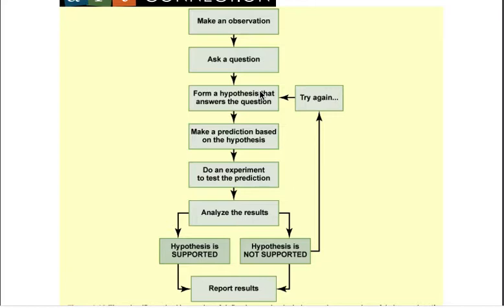A hypothesis is just an educated guess at the answer to a question that you have. So you need to never feel bad that your hypothesis is wrong, because proving the hypothesis wrong is one of the major goals of science. When you can eliminate incorrect answers, you get closer and closer to the correct answer.